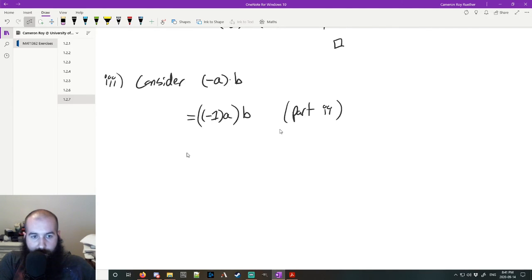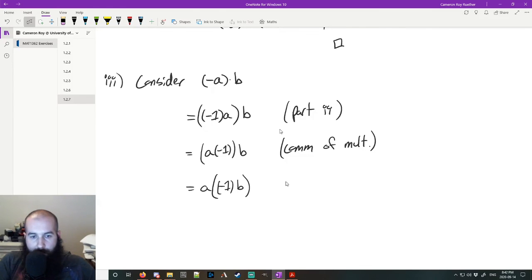So let's first commute. Within these brackets, we're switching the a and the -1. This is commutativity of multiplication. Now we're going to use associativity to move these outside brackets. So instead of the first two things being multiplied, it's going to be the second two things. This is associativity of multiplication.